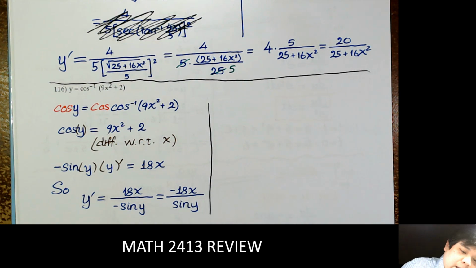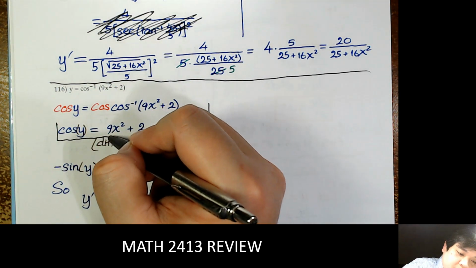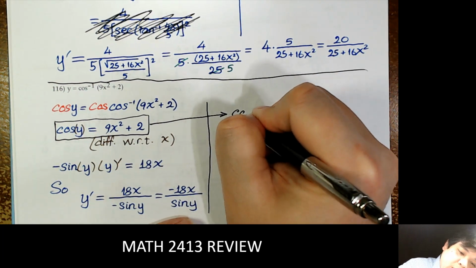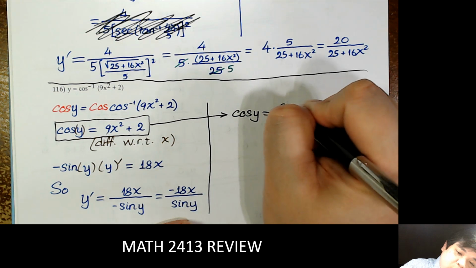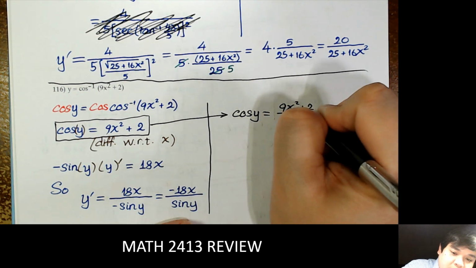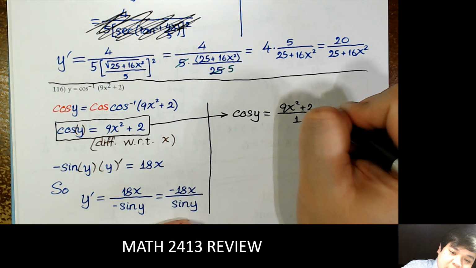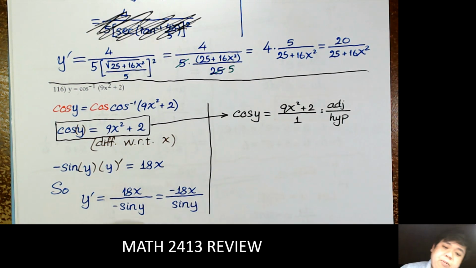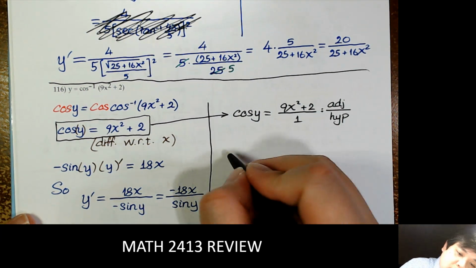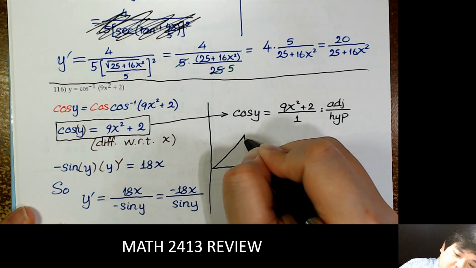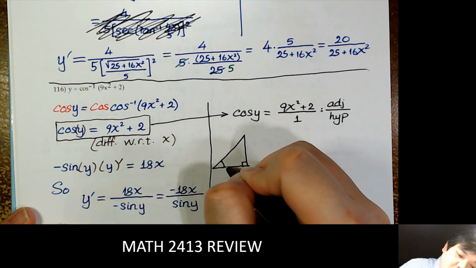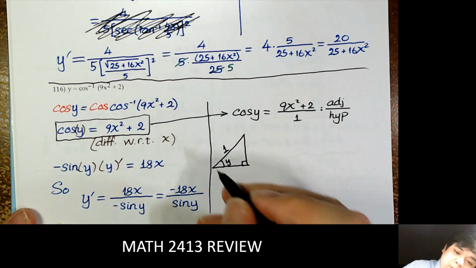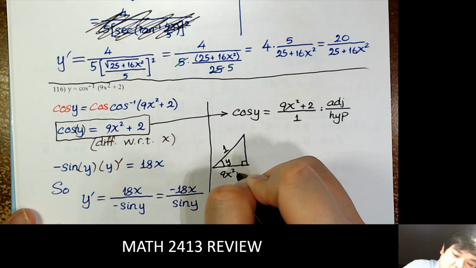Now we're going to draw a triangle based on this. Cosine of y is equal to 9x squared plus 2 divided by 1. Cosine is adjacent over hypotenuse. So draw a triangle here. The angle is y. The hypotenuse is 1. Adjacent is 9x squared plus 2.